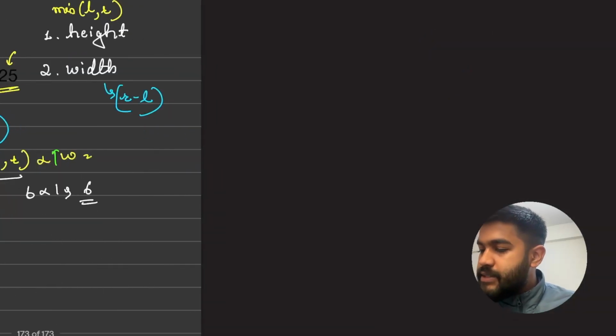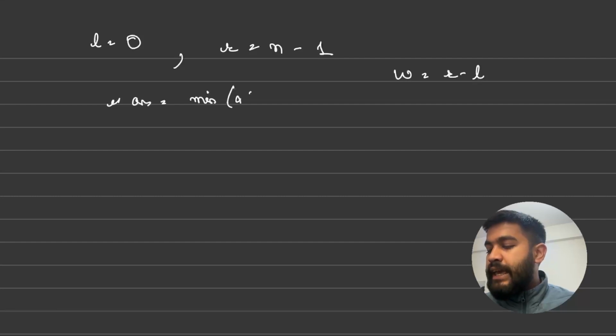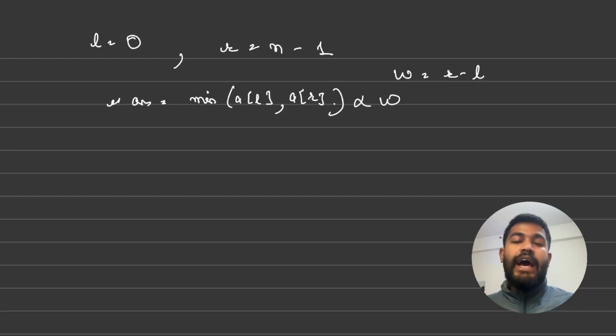What we would do is, the approach is that we would have the values of L and R at their extremes. Then we would calculate the width as R minus L. And then we would have answer equals the minimum of A of L and A of R multiplied by the width we have up till now.